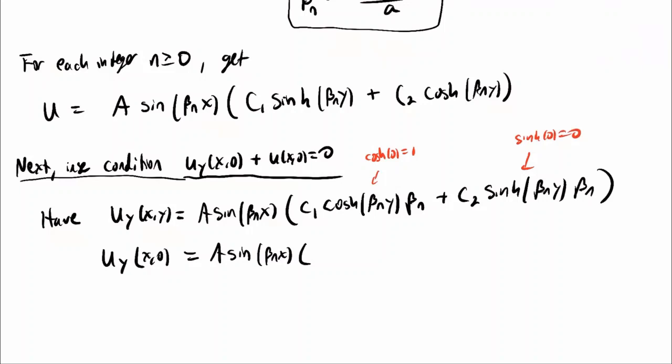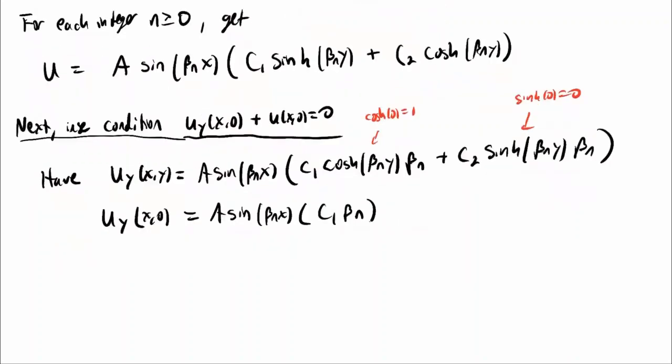So if I plug these in, I end up with C1 beta n, and that's it. Now, I've evaluated the first term here. I also want to look at u(x,0), and then I need to plug them into this equation.